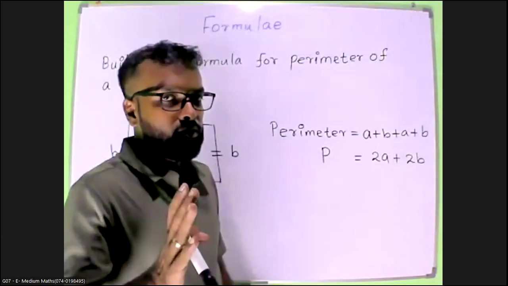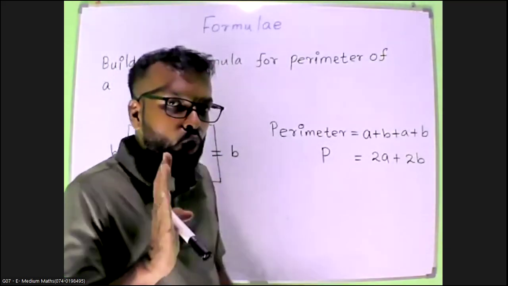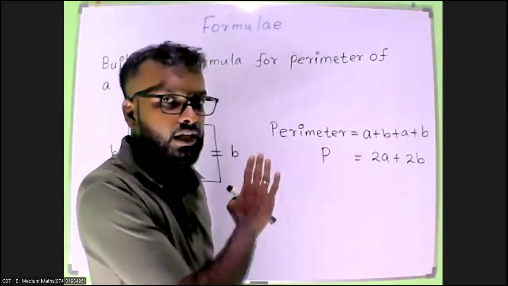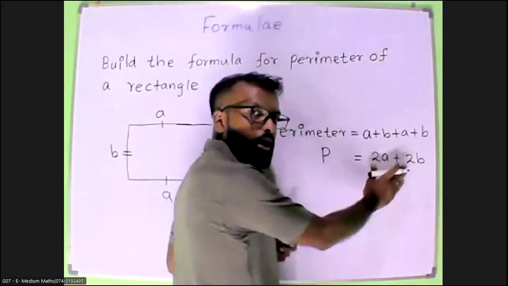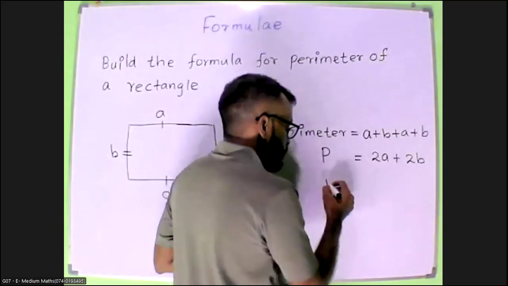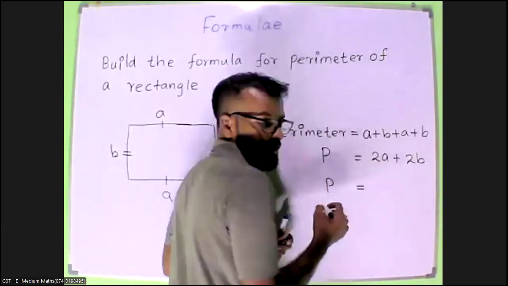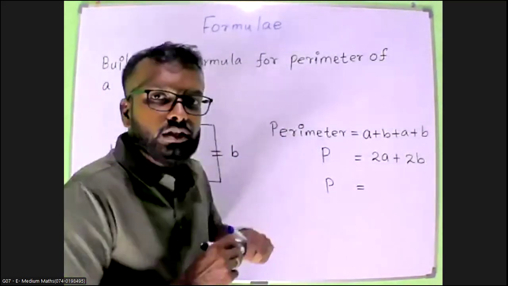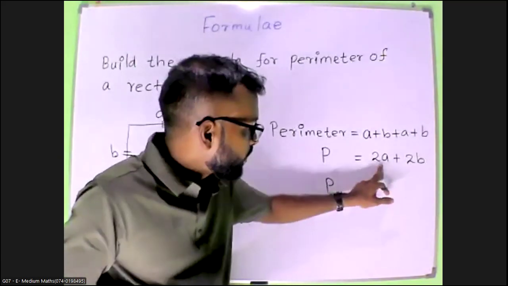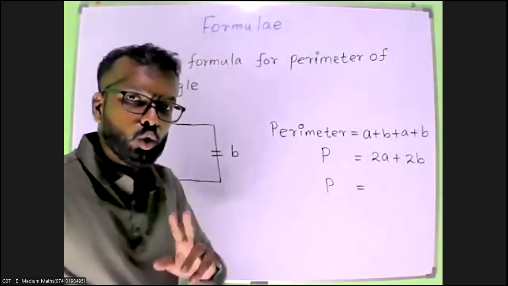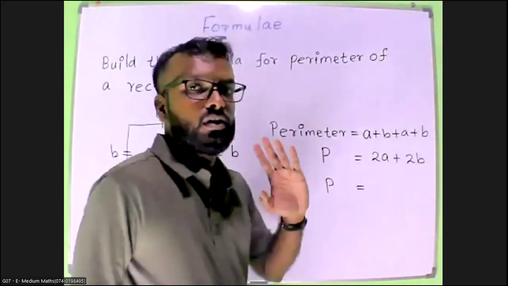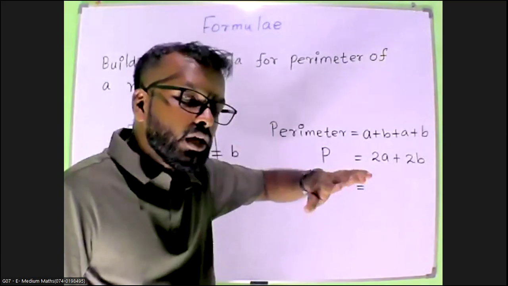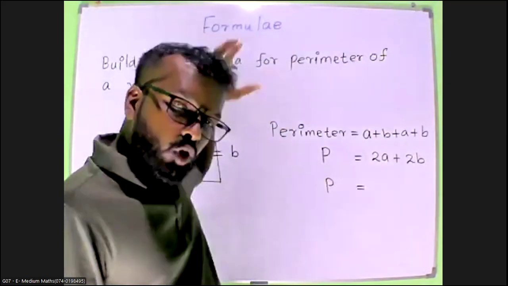If you want, you can write this in another way as well. 2 is a common term for this one and this one. If you see a common term, you can take it out from the bracket.